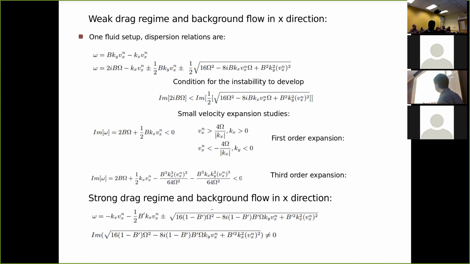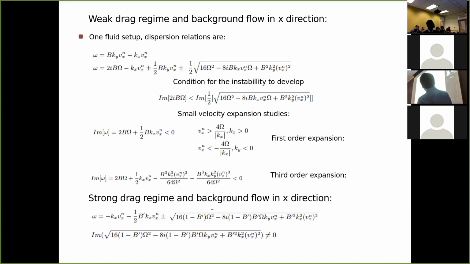We start with the one fluid setup and arrive at this dispersion relation, and it seems that there is an instability, and we find this condition for the instability to develop. But we can expand with respect to small velocities and arrive at this simple result.